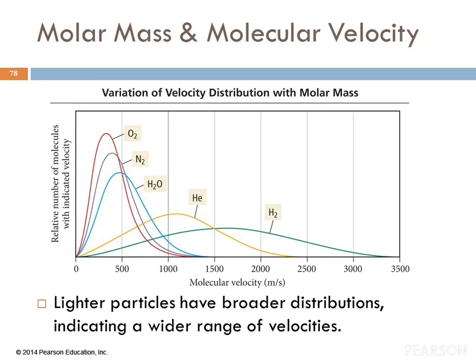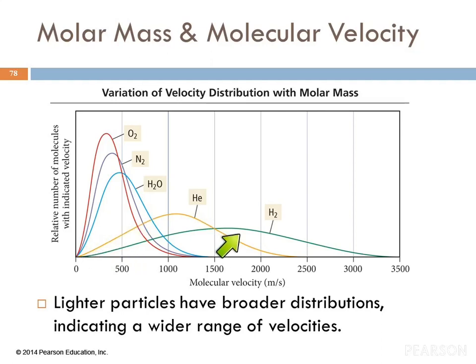This is a graph of relative number of molecules with the indicated velocity versus molecular velocity. So here, the molecular velocity in meters per second going up here. At a given temperature and pressure, these different colored lines correspond to different gases.